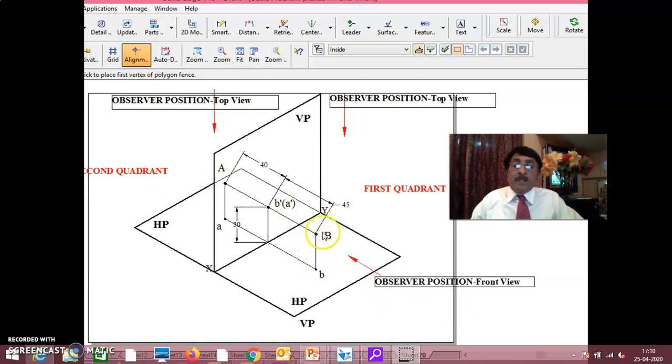The distance of B above HP is 30, and this is also 30. That means, just because B and A are one behind the other, the frontier of B and A will be same.